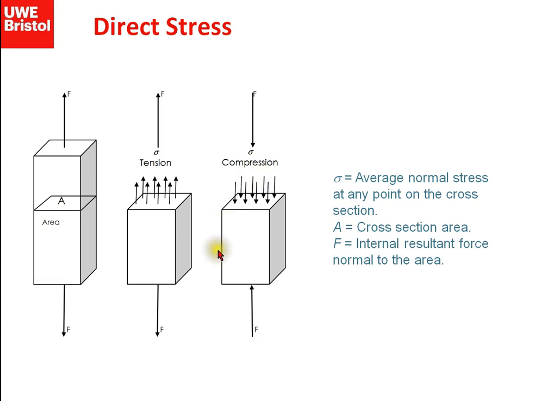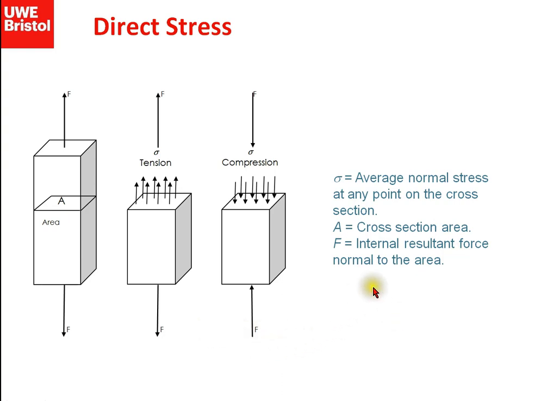So my internal stress in this case appears to be acting as if it's going towards the compression force that's been applied from the outside. So the stress is going to be, in this case, the average of the force divided by the cross-sectional area.